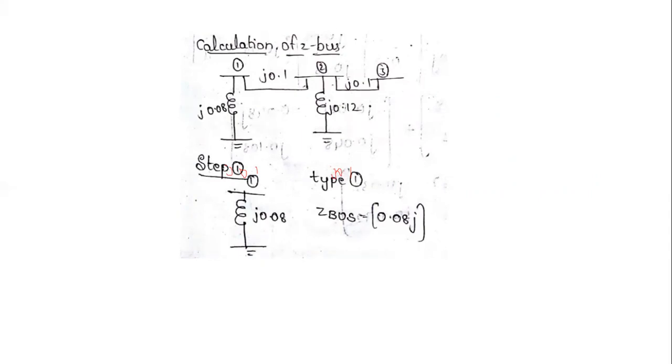In the third unit, we already studied how to form it. There are four types of modifications: type 1, type 2, type 3 and type 4. By using all four types of modifications, we form the Z-bus matrix by using the Z-bus building algorithm.